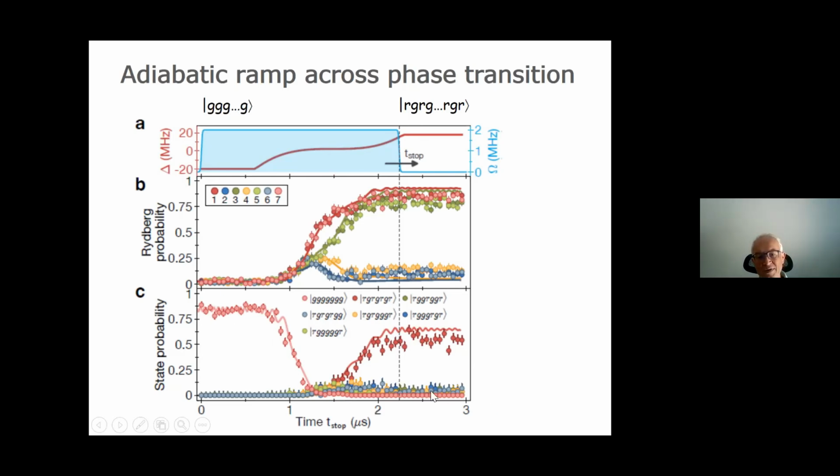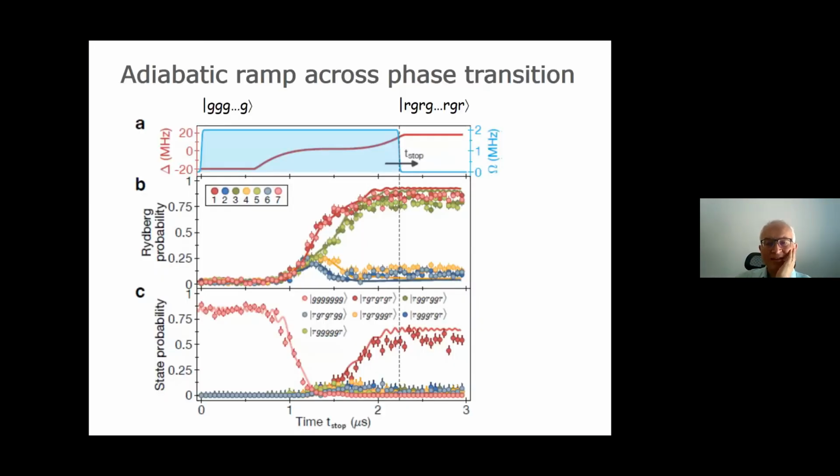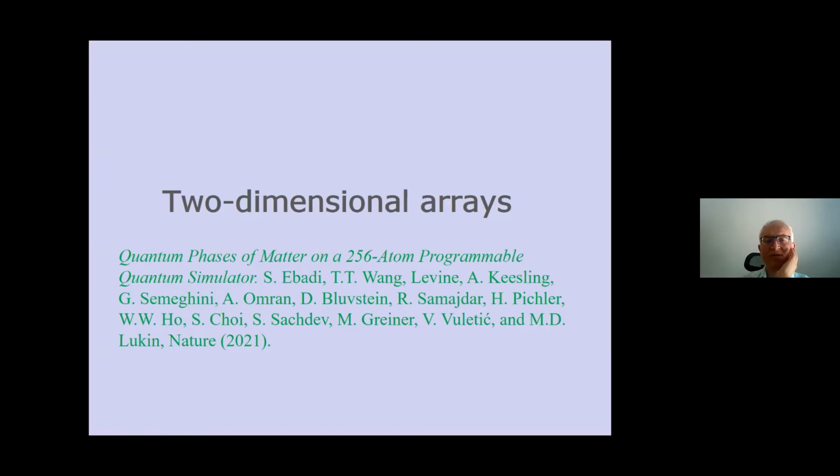And then that probability disappears, and across the phase transition, different states are populated in a temporary way, and then finally we arrive with high probability in this antiferromagnetically ordered state, RG, RG, R. But you can see here, this goes back also to quantum many-body scars. Here in the region of the quantum phase transition, many different states are populated while this transition forms. Okay, so this was all experiments done on one-dimensional arrays.